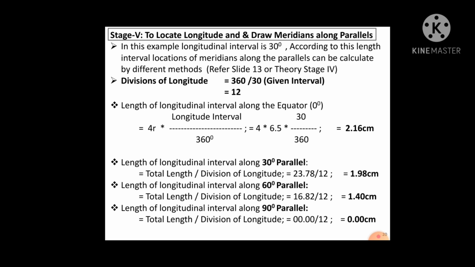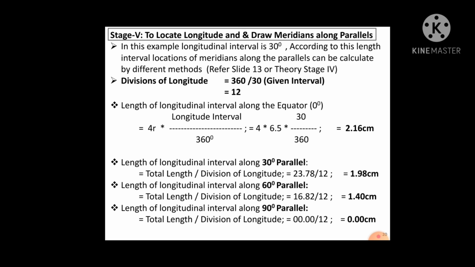In the same way, you take the distance in your compass, 1.98, which means you can take approximately 2 centimeter, and go on marking the distance of longitudes along the 30-degree parallel. Then take the 1.40 centimeter distance in your compass and mark that distance along the 60-degree parallel.